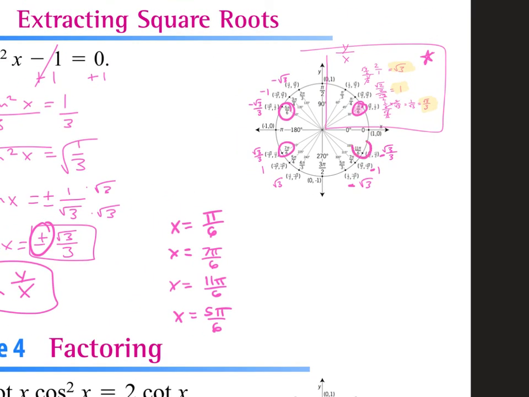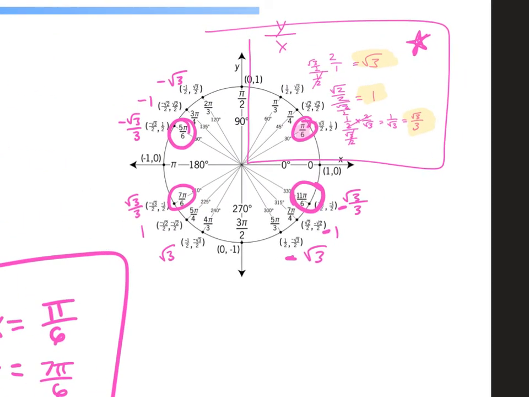Good job. So we have 4 answers here. The tangent one's just a little bit trickier because you actually have to do the y over x, but once you do it once, it's always going to be these 3 numbers.